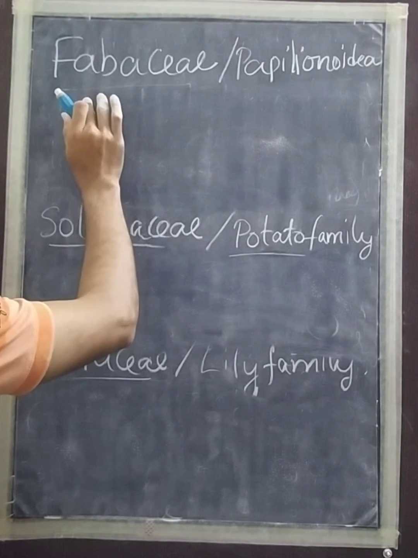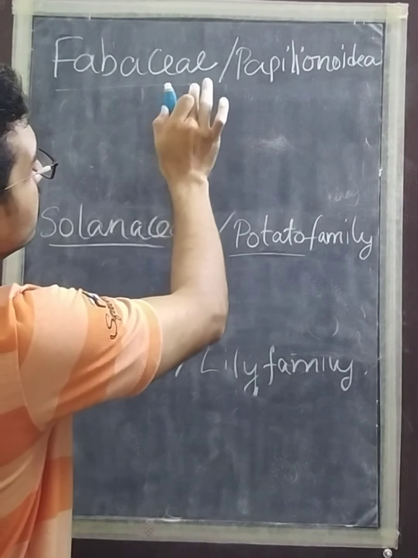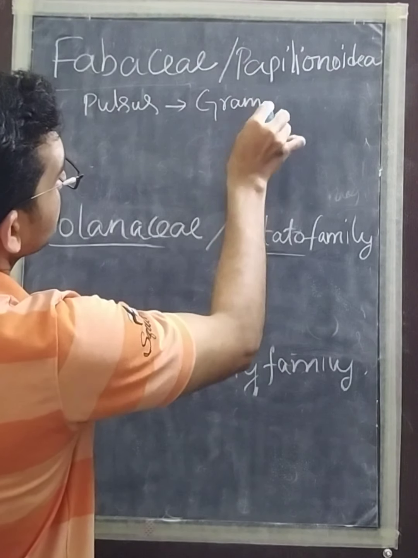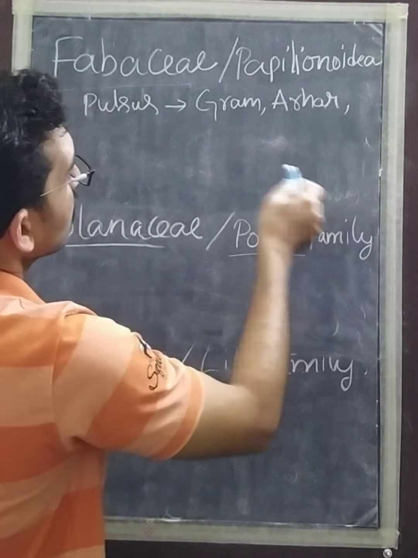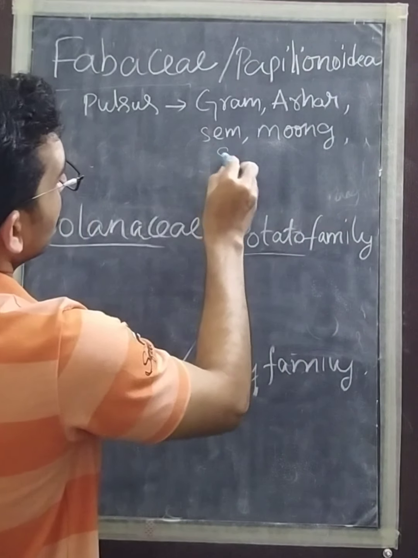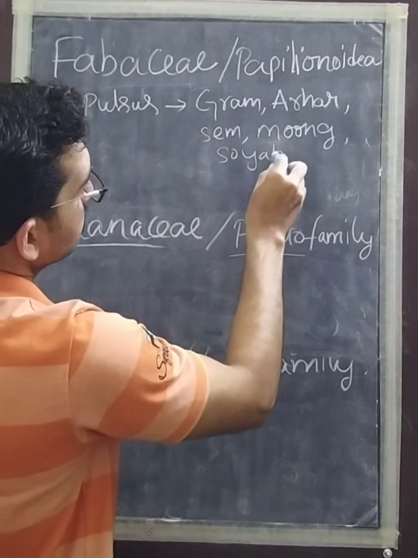Many plants included in the Fabaceae family are pulses, which include gram, arhar, sem, moong, and soya bean.